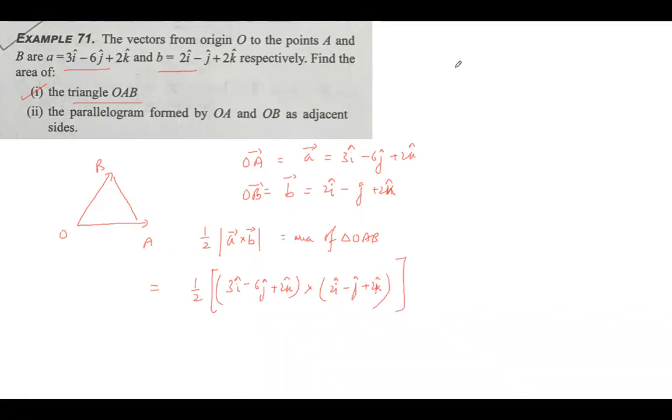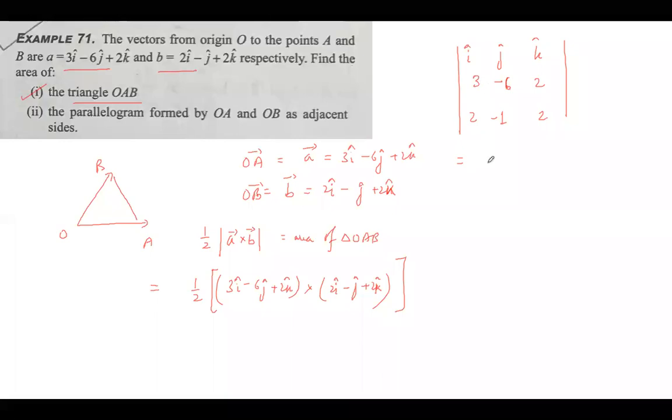So what you need to do is find the cross product here. i, j, k. This is 3, minus 6 and 2. And then we have 2, minus 1 and 2. So we are finding the cross product. We know the signs are positive, negative and positive. Plus i, and then minus 6 into 2 is minus 12. Minus of 2 into minus 1 is plus 2. Minus of j cap.